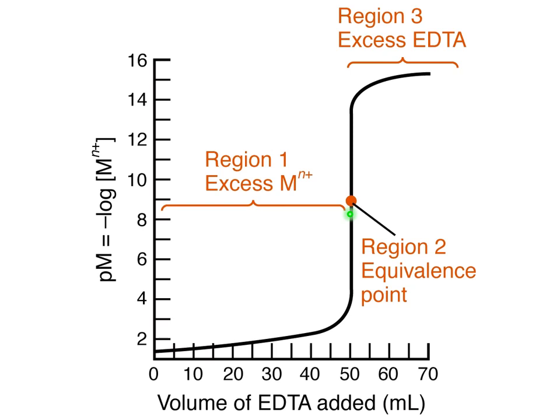Again, log of conditional constants should be around 7 or 8. Then you have a jump in log of concentration of metal, and you can stop at some decent equivalent point.